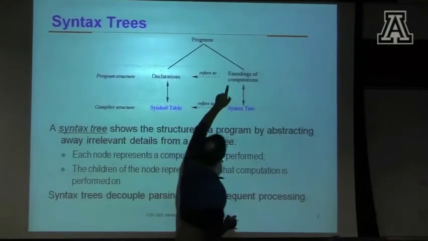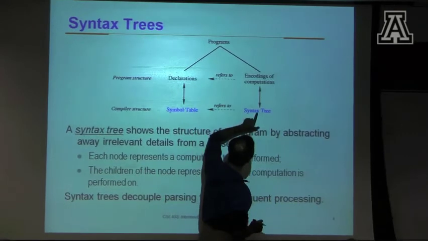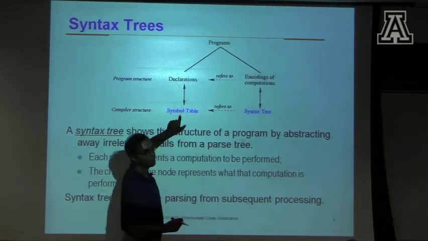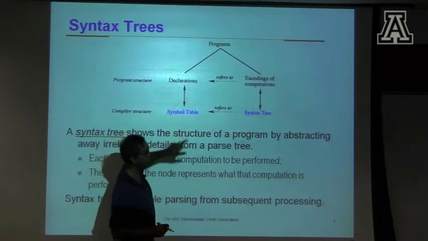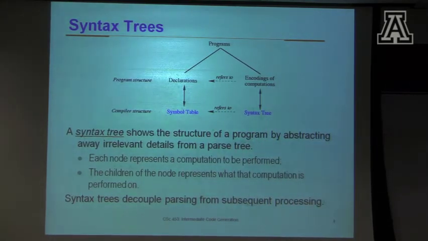Just as the program text refers to declarations, here my syntax tree will refer to the things that I am computing on. So this thing will be a pointer to here, it's x plus a, and this is a pointer to here.